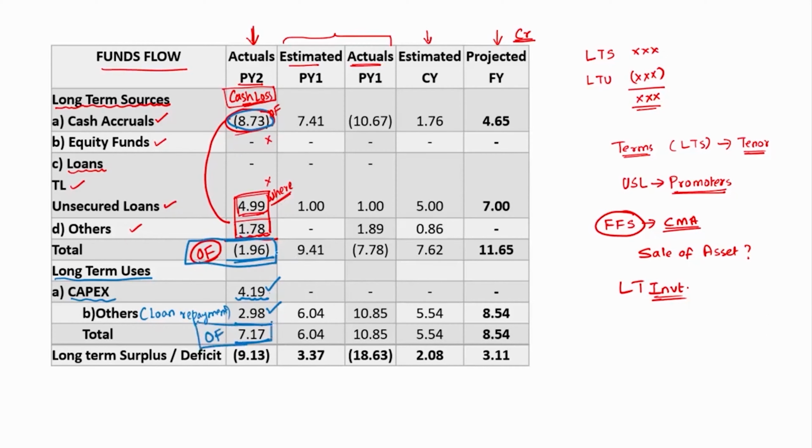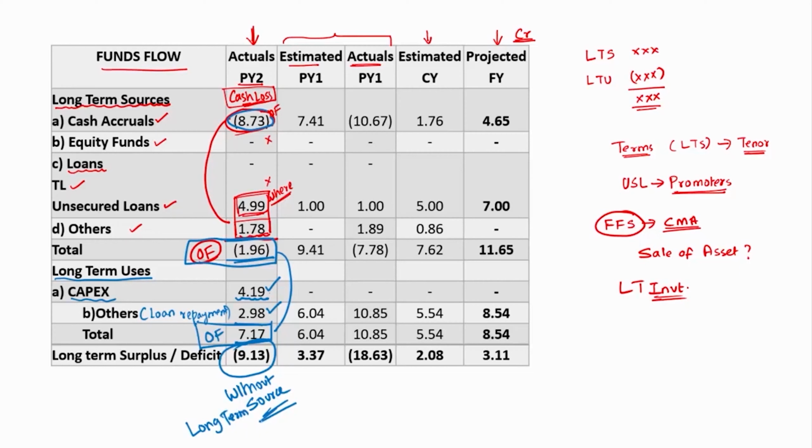So 1.96 plus 7.17, your total outflow is 9.13 crore without any source. Without source, they are spending. So without source means, how is that possible? The answer is, without long-term source, they are investing in long-term uses.